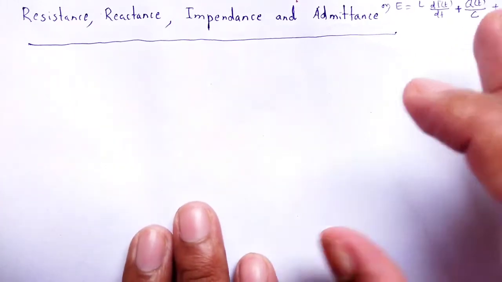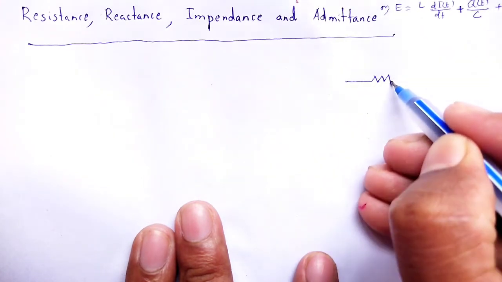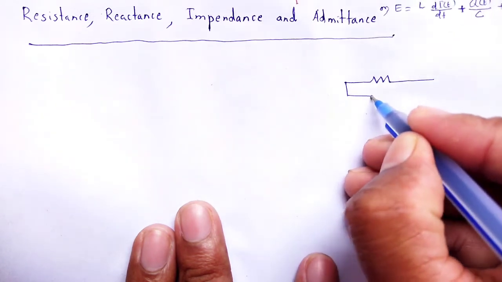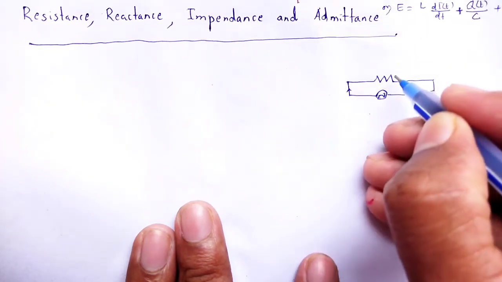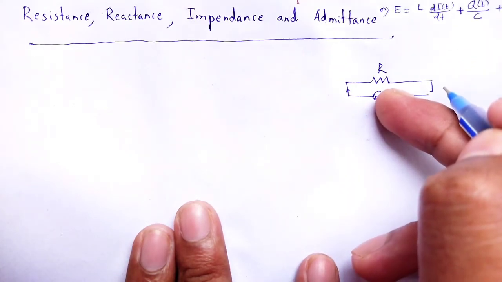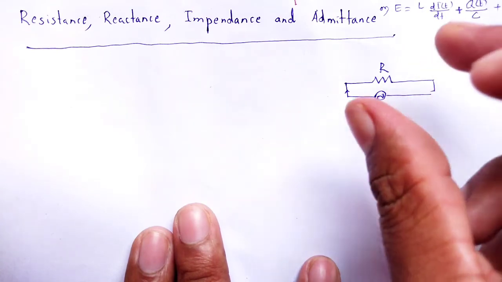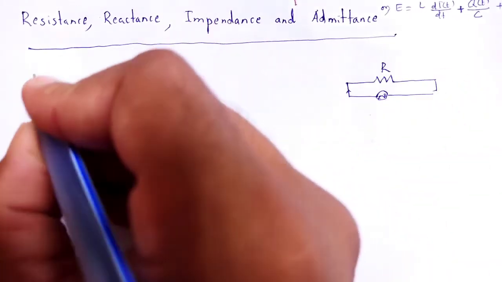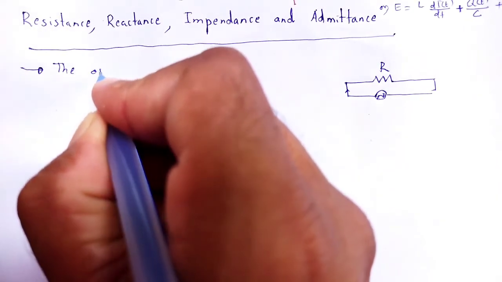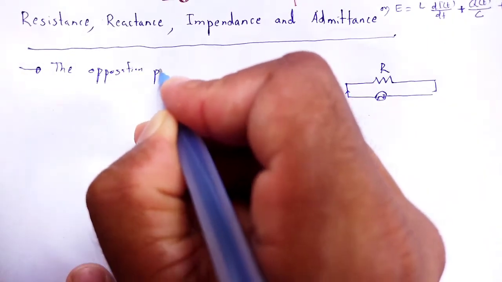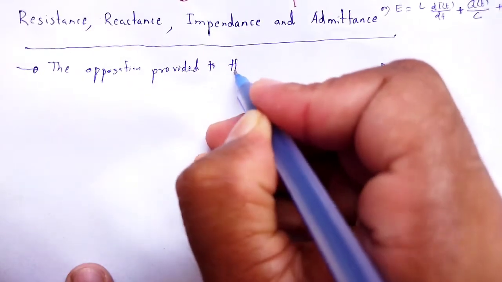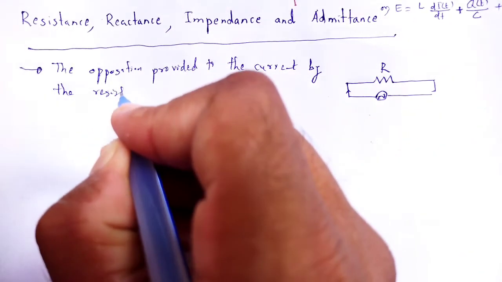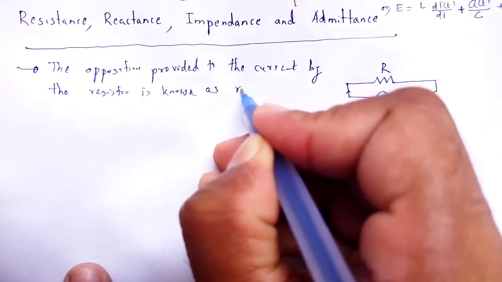Look here, when a resistor is connected to an AC circuit, the opposition provided by the resistor to the current is known as the resistance.